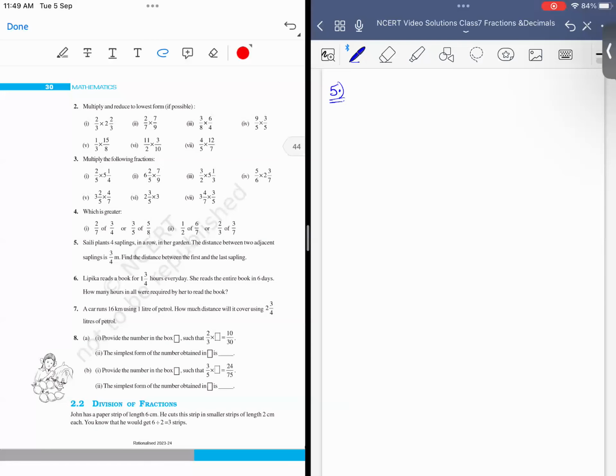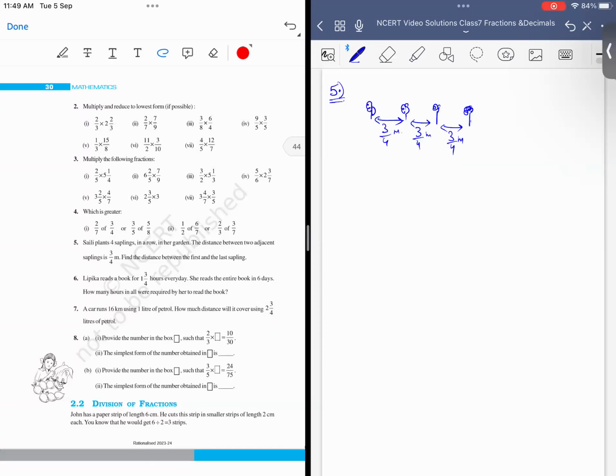Sally has planted 4 saplings in a row. So let's say she is planting like this. These are the 4 plants in a row she has. The distance between two adjacent, that means between every two consecutive saplings, is 3 by 4 meters.